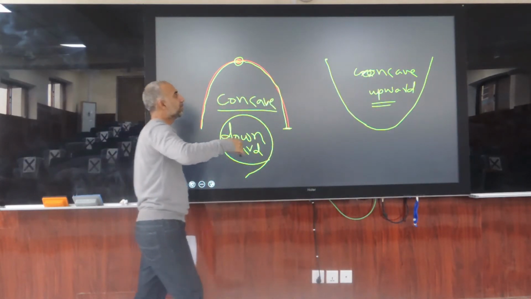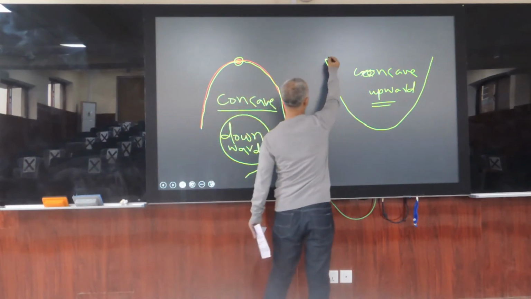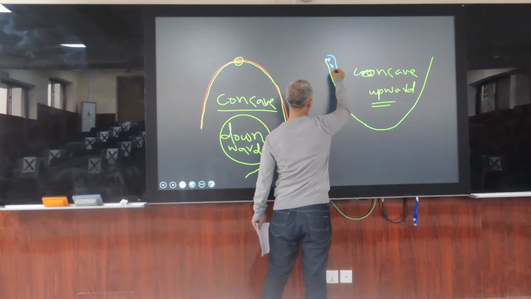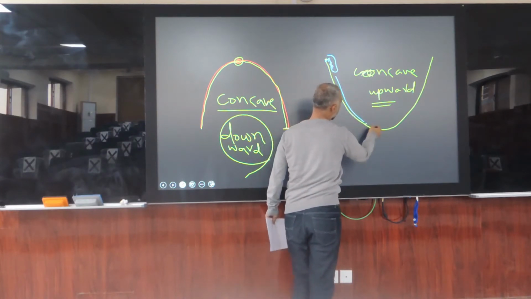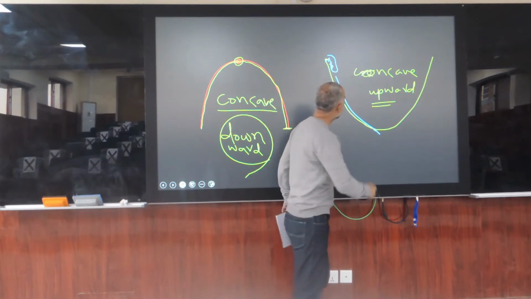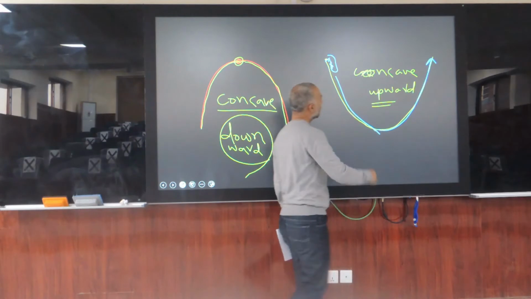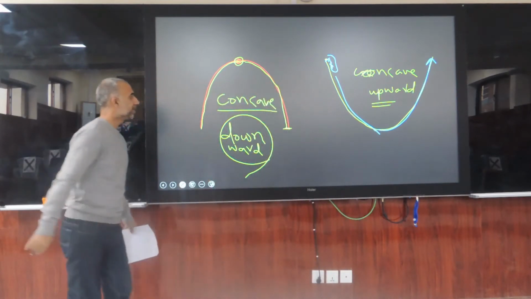Like in a roller coaster, at this point it moves without any force, but due to potential energy it moves again here, so this is concave upward.